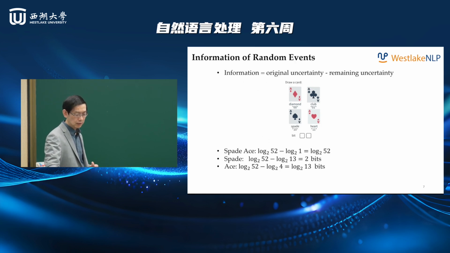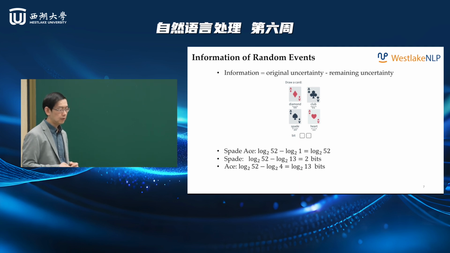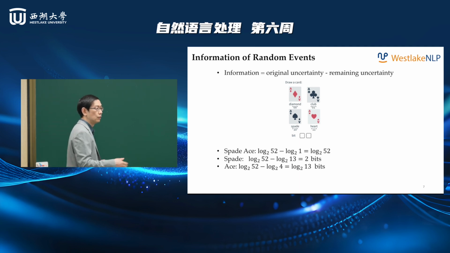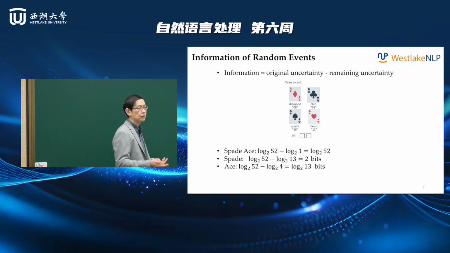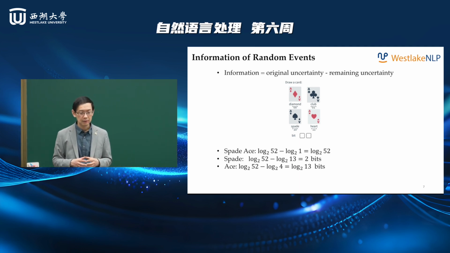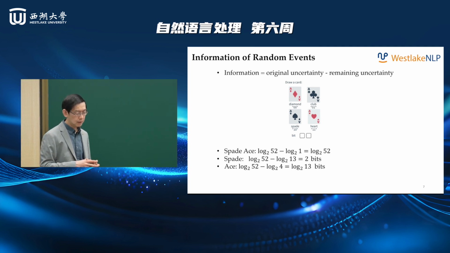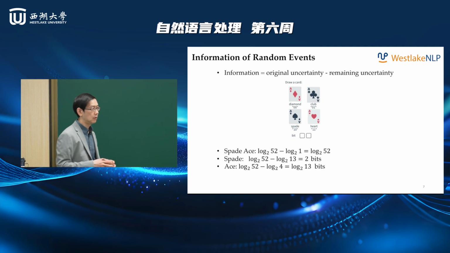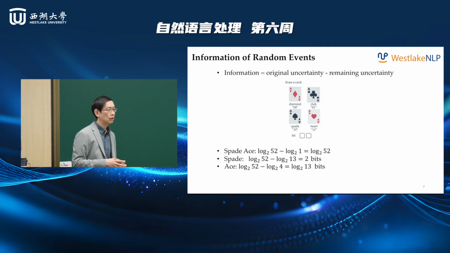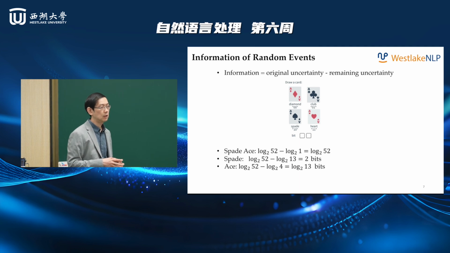So in a more general case, the information I give you is the original uncertainty minus the remaining uncertainty, okay? So let's still assume that you're drawing a card from a deck of 52, okay? So there are 4 suits, each one containing 13 numbers.